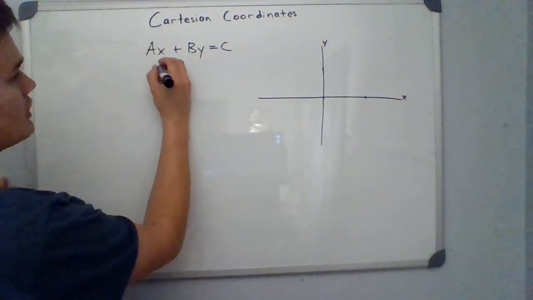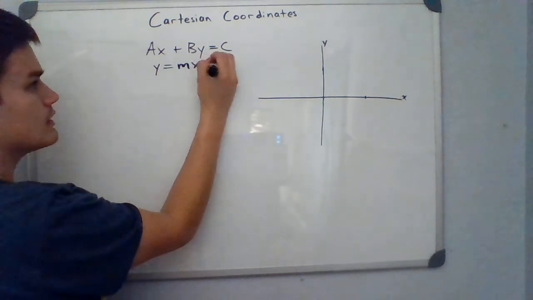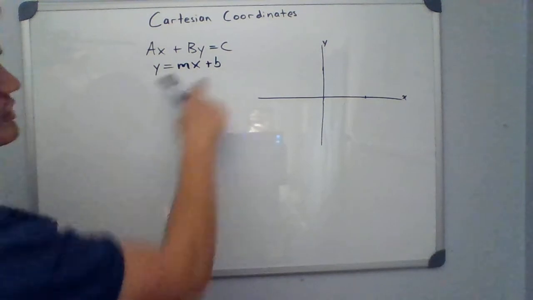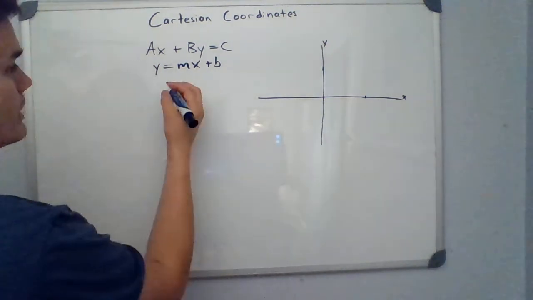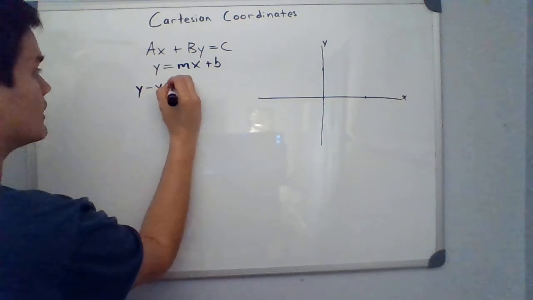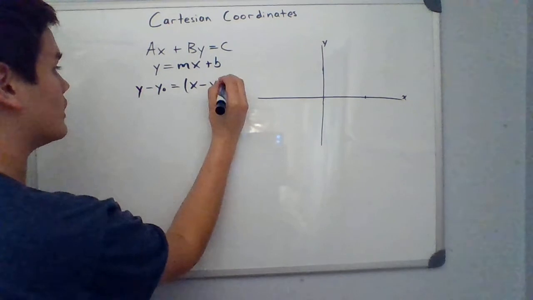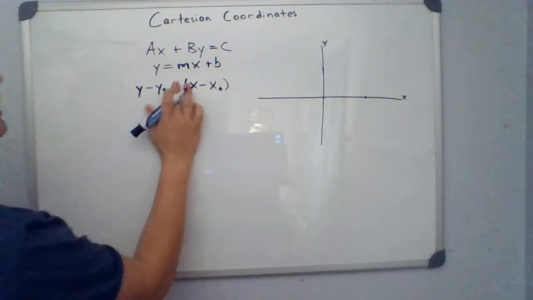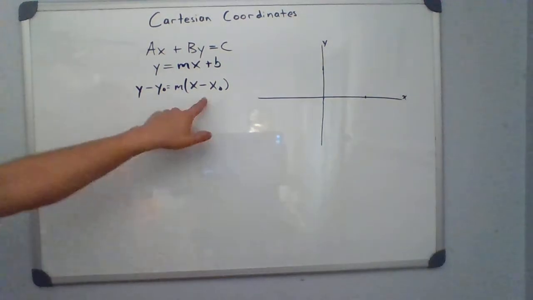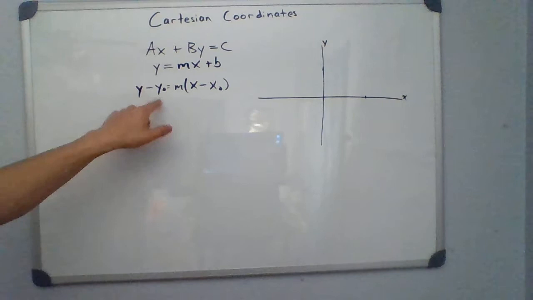We have also seen lines written as y is equal to mx plus b. This is a convenient form because it gives us a slope and a y-intercept. And also, lines can be written as y minus y naught is equal to m times x minus x naught. M is once again the slope, and then we have a point (x naught, y naught) in the plane.